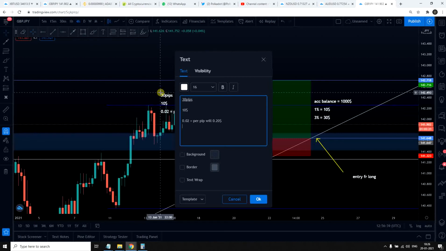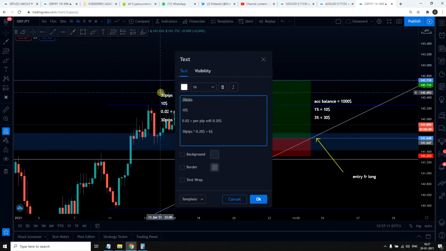So if you calculate this, 30 pips into $0.20, it will give you answer $6.